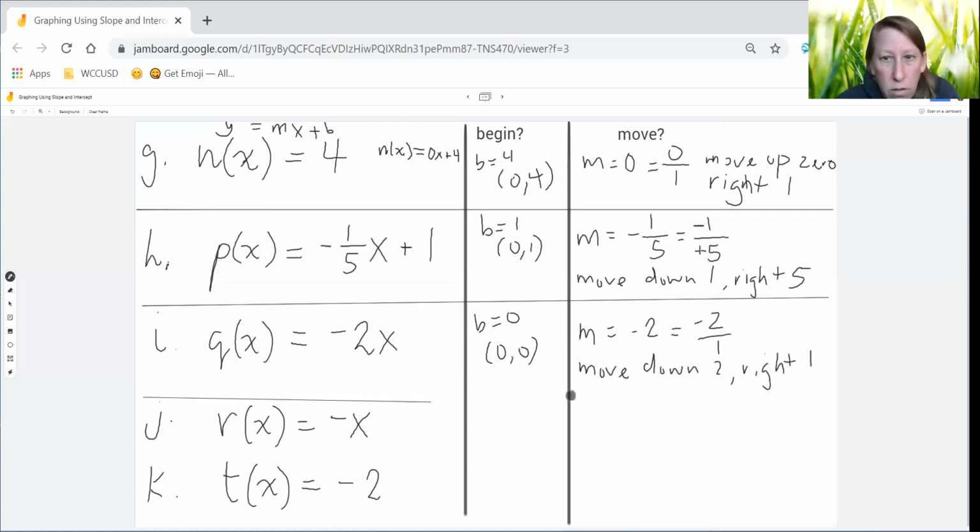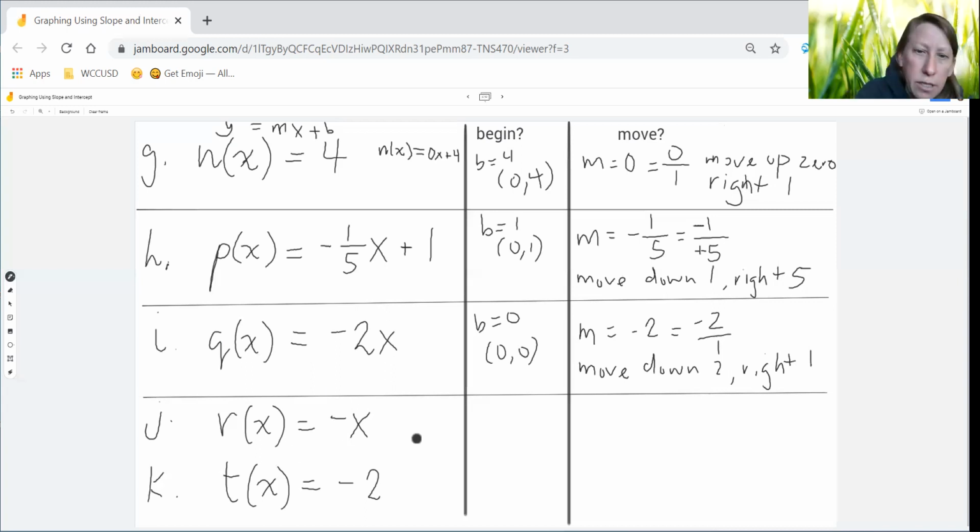Okie dokie. Let's wrap this up. Ooh, this one. Do you remember from the last slide? What's the constant? What's the b value? Y equals mx plus b. R of x equals -x plus 0 again. Okay, so the b value is 0. This is 0, 0. And the number in front of the x, the coefficient, is -1.